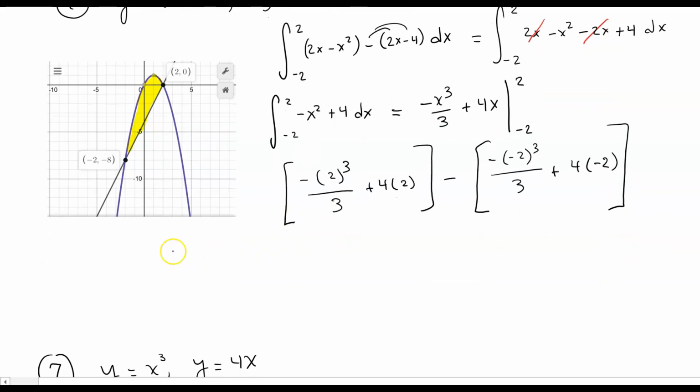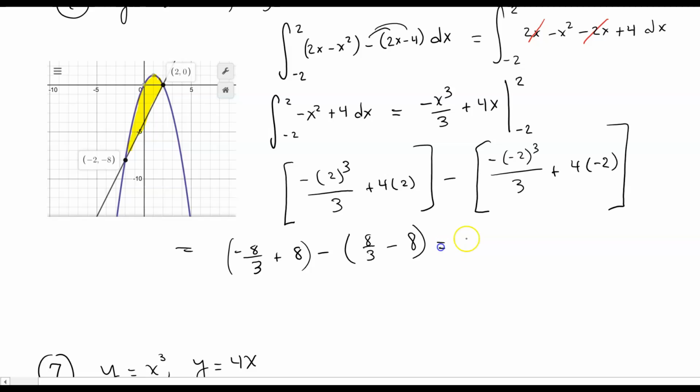And then what do we end up with? Let's see here. 2 cubed is 8, so a -8/3 plus 8 minus, let's see, what's that? -2 cubed is again a -8, negative, positive. So a positive 8/3 there. And we are going to add or subtract 8 rather.